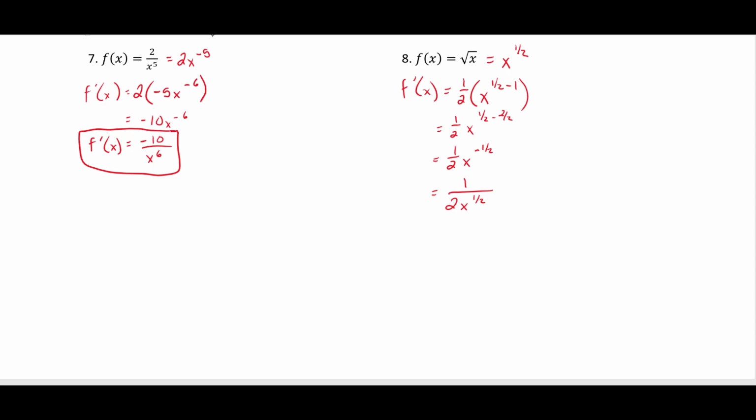So suppose this was 1 over 2x to the 3/2 power, you could leave it as that. But because in this case our numerator is a 1, we need to go ahead and rewrite this in radical form. So this is 1 over 2 square root of x. And that is your final simplified version of the derivative.